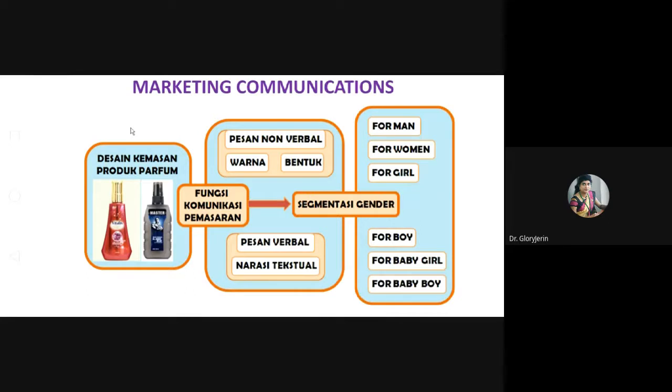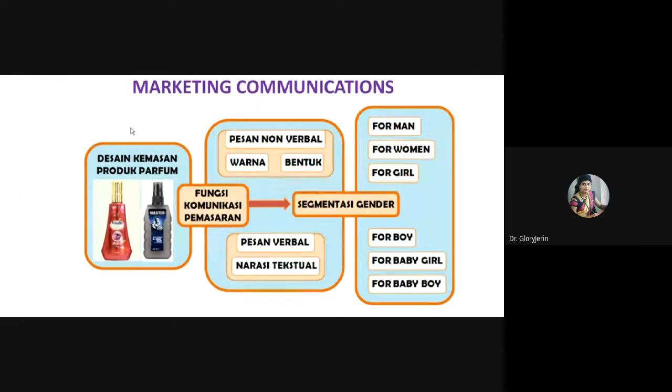In this case, gender segmentation. In this case, we can see with the perfume bottle, we can communicate the characteristic of gender segmentation.